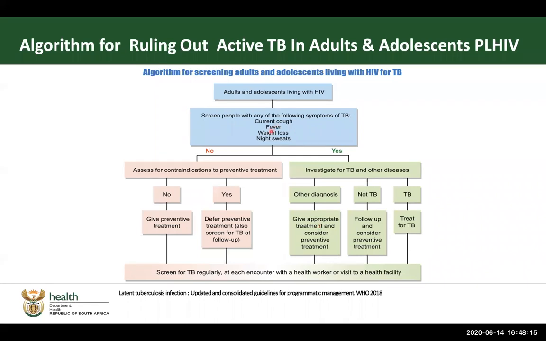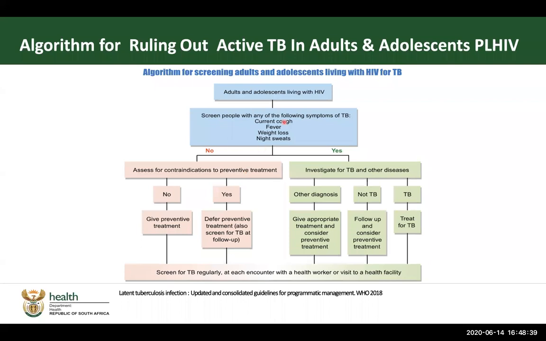If a patient is screened and they do not have symptoms, we need to assess for contraindications to preventative treatment. If they do have contraindications, we need to defer or postpone preventative treatment to a later stage and deal with that contraindication.